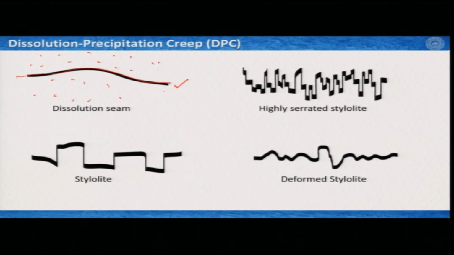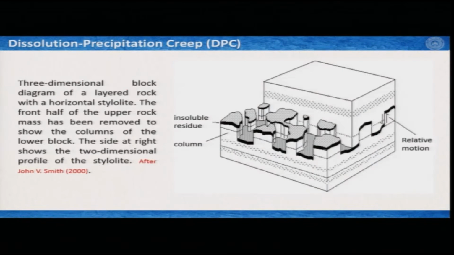And sometimes when you go to higher pressure, this seam tries to slip along this line, and then it develops a structure we call stylolite, and it can happen in a very dense way. So, this we call highly serrated stylolite, and this stylolite can also get deformed, and then we call it deformed stylolite. In 3 dimensions you can see the stylolites, they look like this.